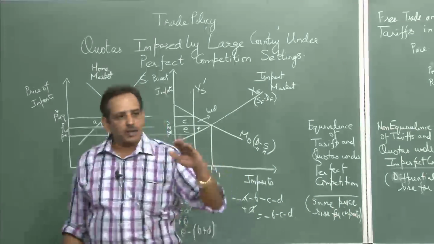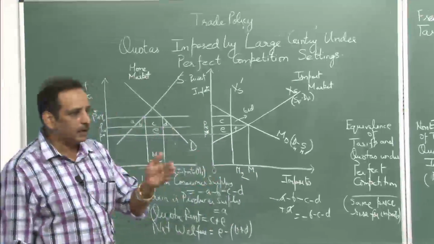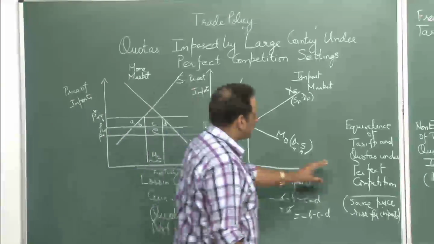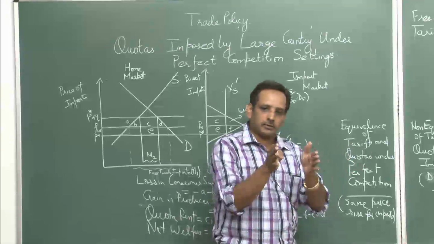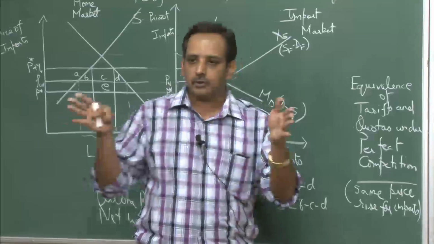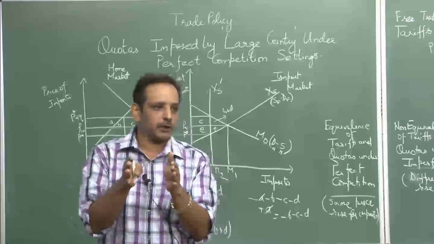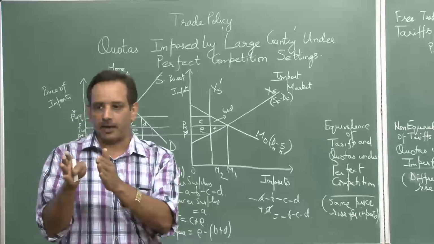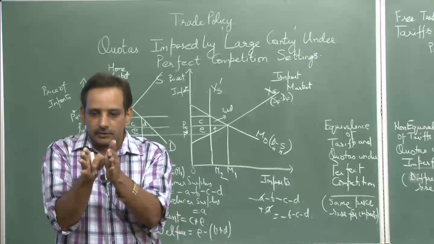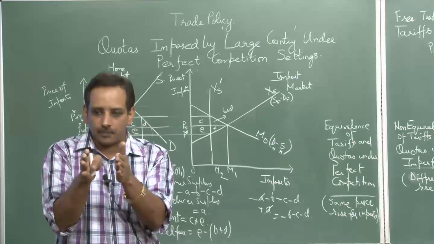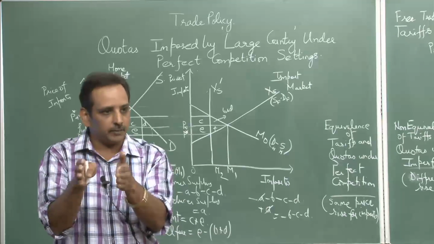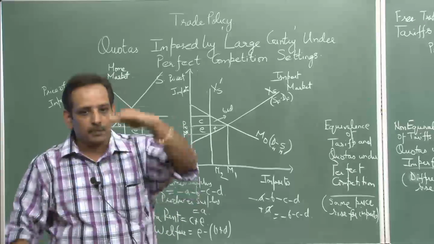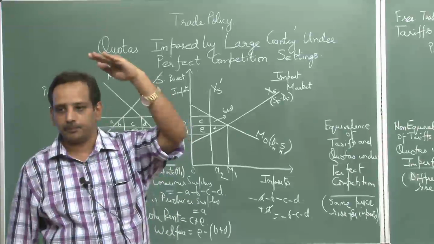So quotas and tariffs are equivalent in that sense, because quotas also restrict imports, tariffs also restrict imports. So you can always find a quota which is equivalent to a tariff, which restricts the imports in the same manner, same level, and the price rise is also the same.